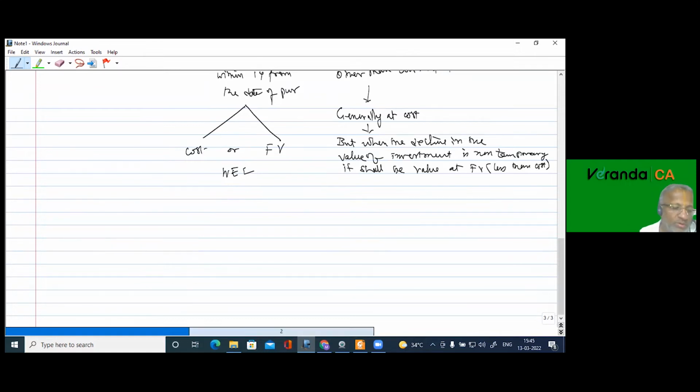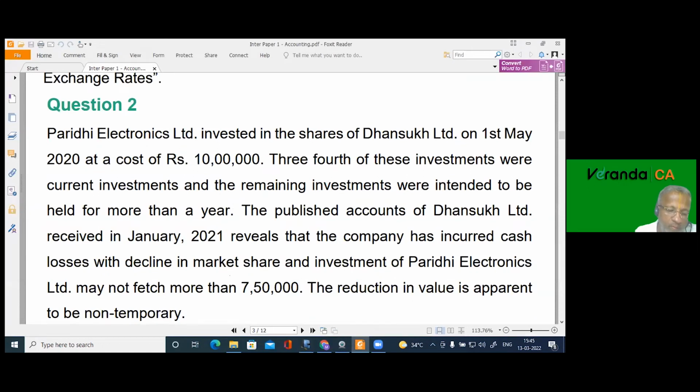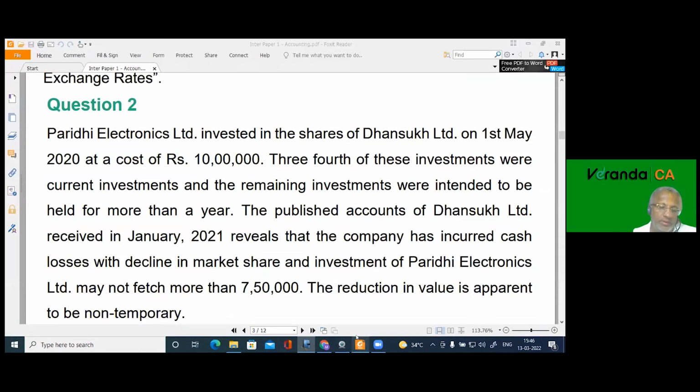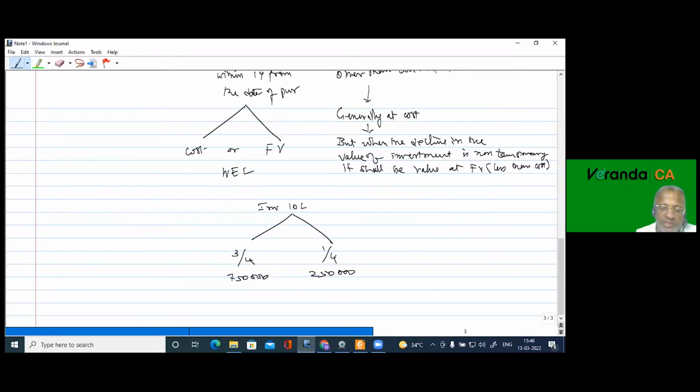Now you know that they have got investments, 3/4 and 1/4. 3/4 are current. Now the published results of Danshuk revealed losses, and this investment's fair value is 7.5 lakhs.